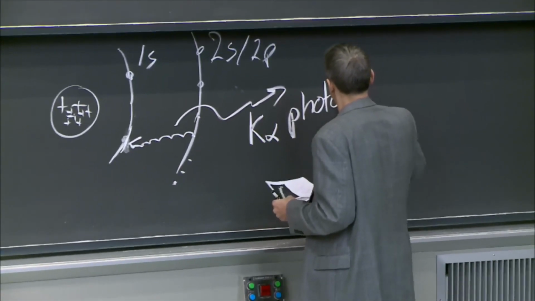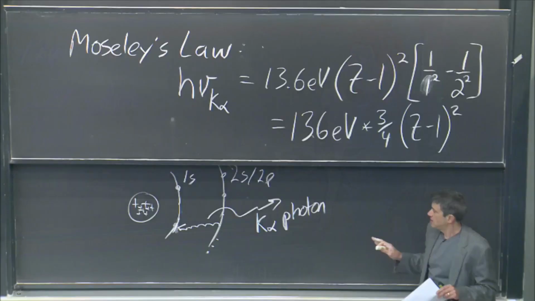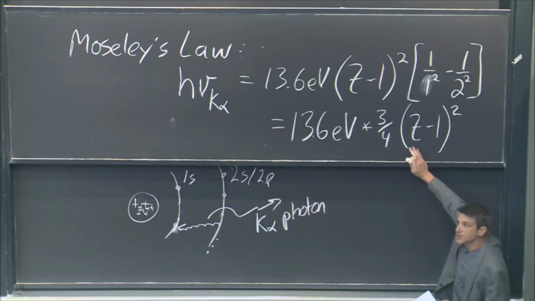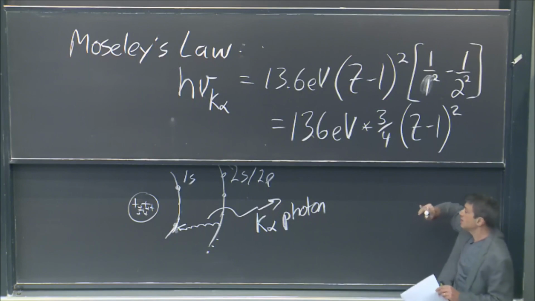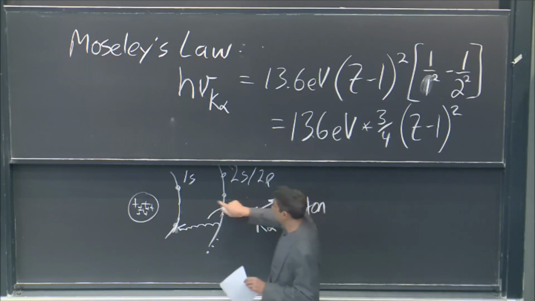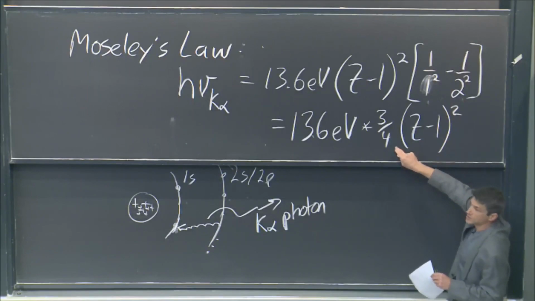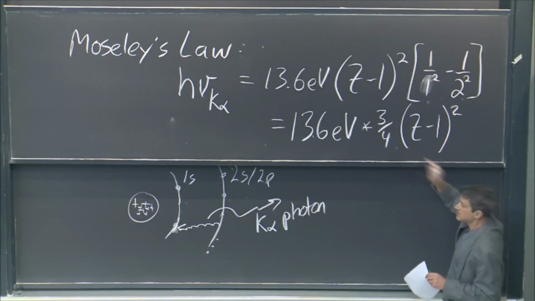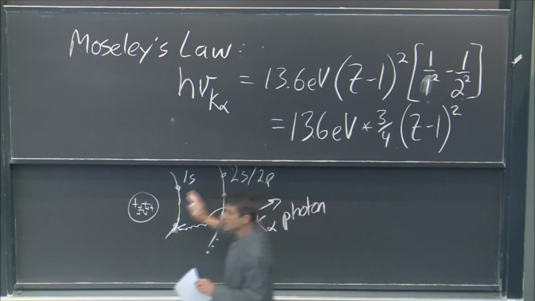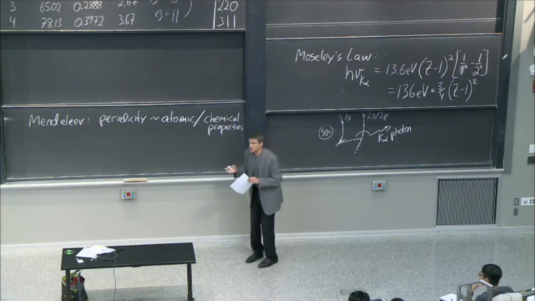This is nothing new. We've talked about this, but you see it here in the equation. You see it in two ways. First, we're going from 2 to 1: 1 squared minus 1/2 squared, 3/4. But second, and this was critical, the Z minus 1.